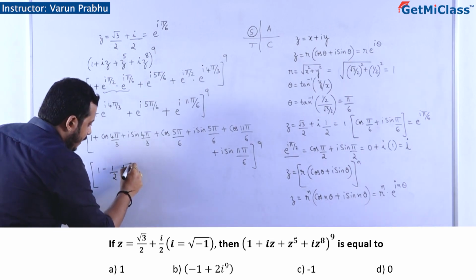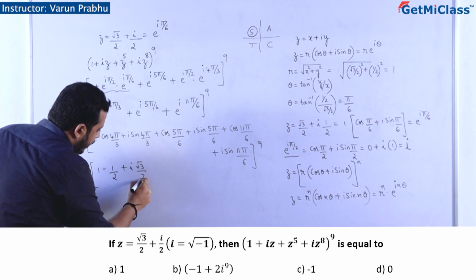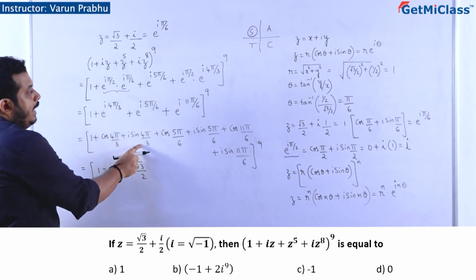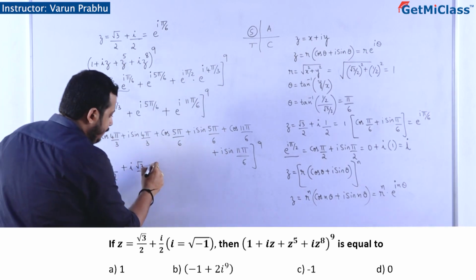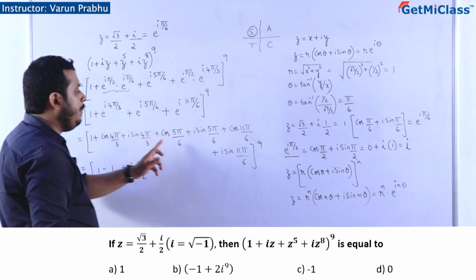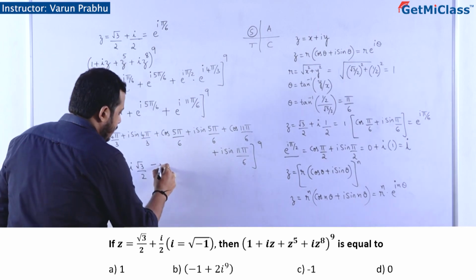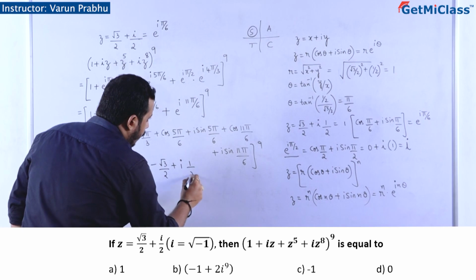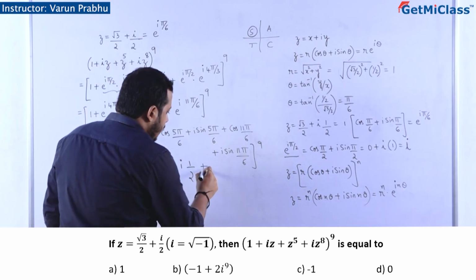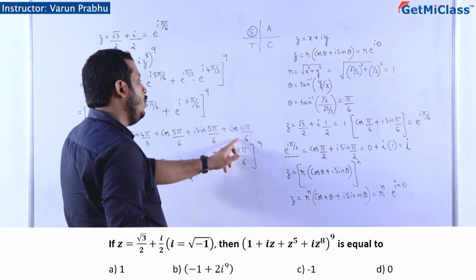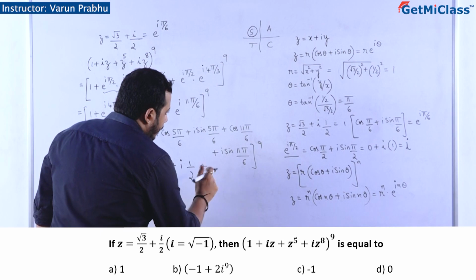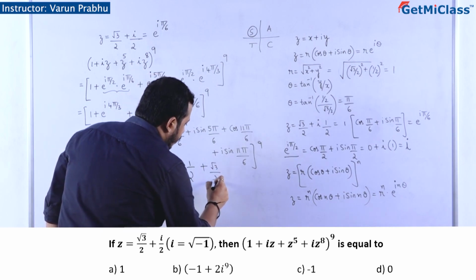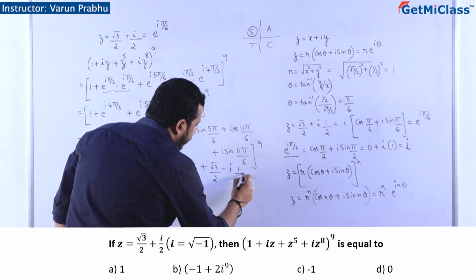So this one will be plus I into root 3 divided by 2 for the same angle. Cos is negative in the second quadrant, sin is positive. Minus again 5 pi by 6, pi minus pi by 6, minus root 3 divided by 2 plus I into 1 divided by 2. Cos 11 pi by 6 falls in the fourth quadrant. So plus root 3 divided by 2 minus I into 1 divided by 2.